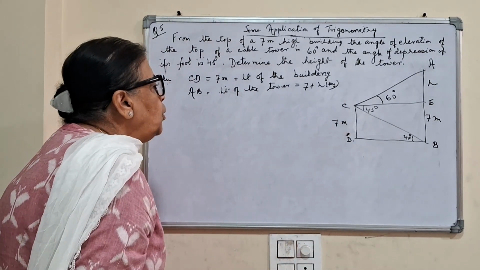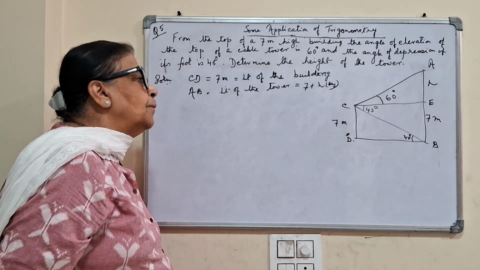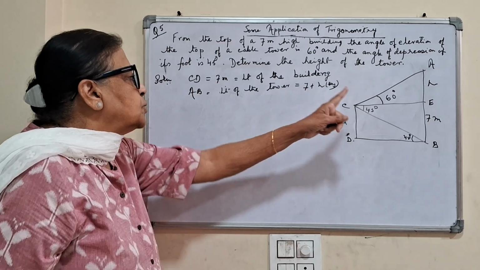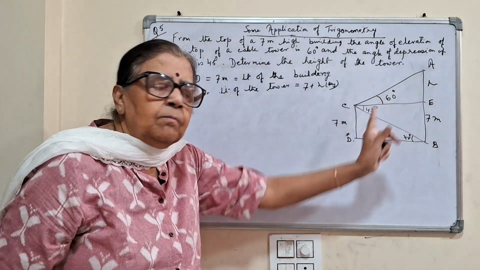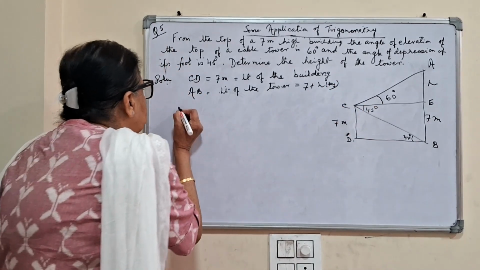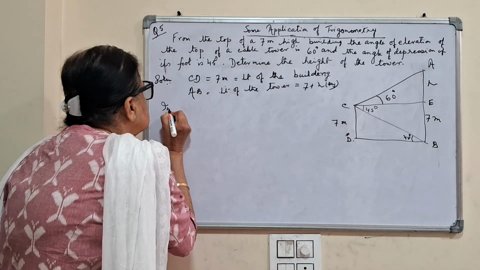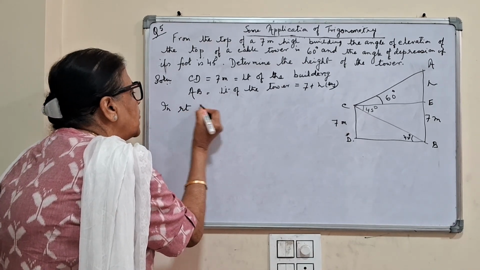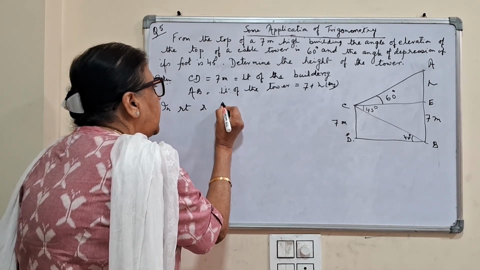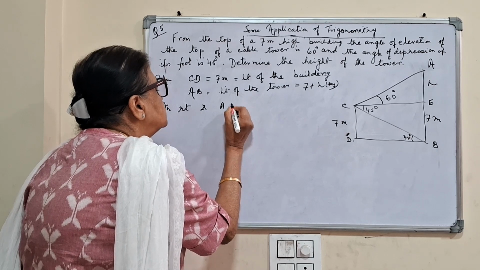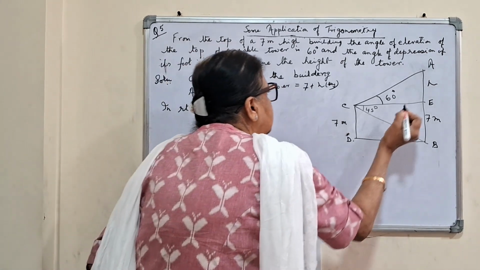Now the angle of elevation to the top is 60 degrees. In right triangle AEC, this is a right angle.